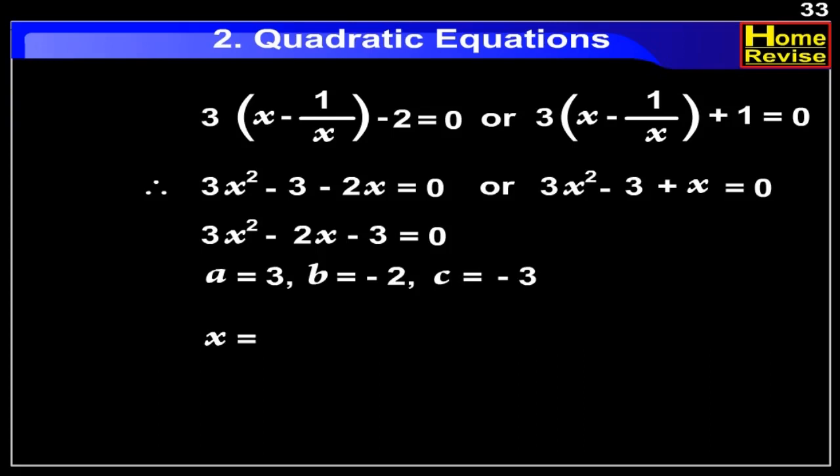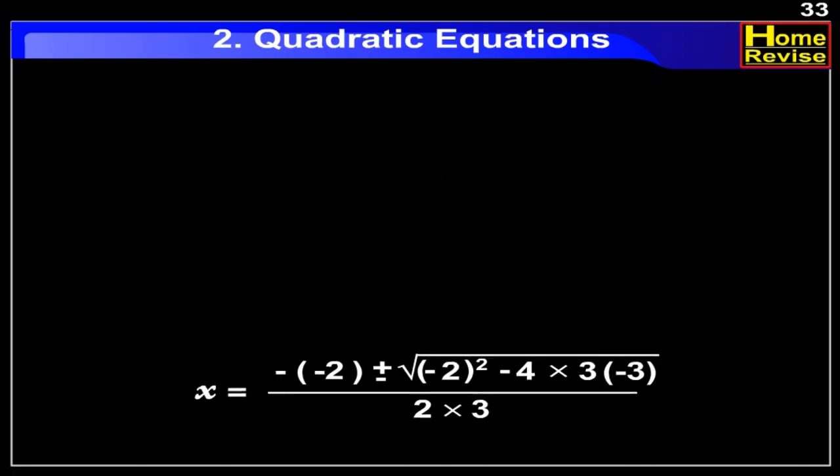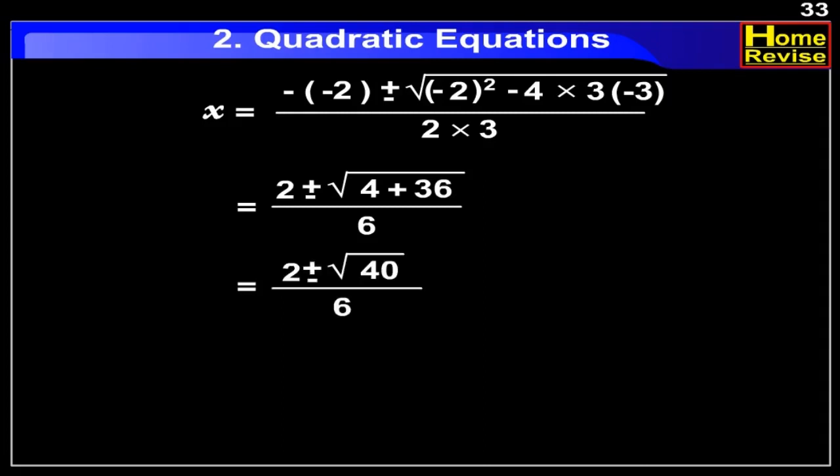By using the formula x = (−b ± √(b² − 4ac))/2a, putting the values of a, b and c, we get x = (−(−2) ± √((−2)² − 4 × 3 × (−3)))/(2 × 3) = (2 ± √(4 + 36))/6 = (2 ± √40)/6 = (2 ± 2√10)/6.